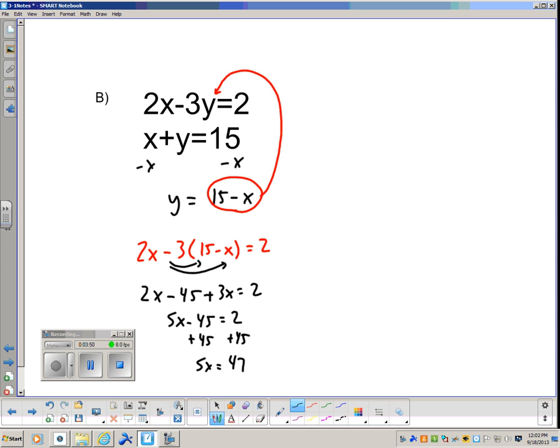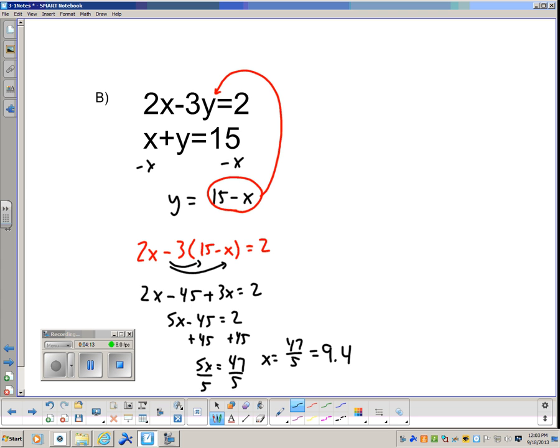Then I can divide both sides by 5, so I get x all by itself. And I get x equals 47 fifths. Or if you want, you could divide that out and get your nice decimal for that. And I believe you get 9.4 there.